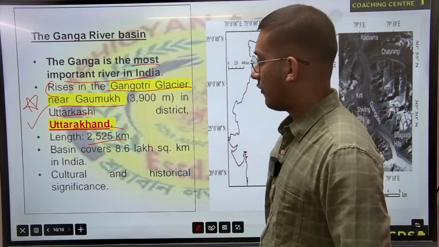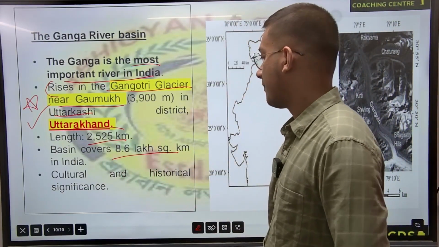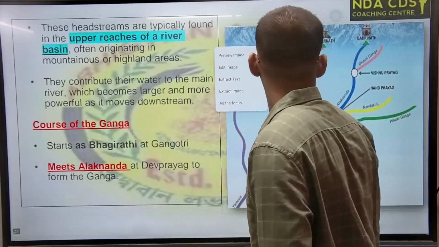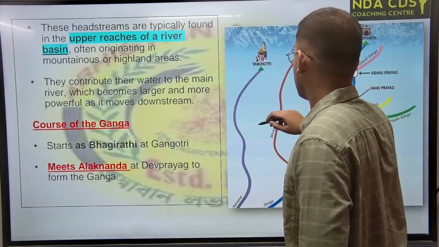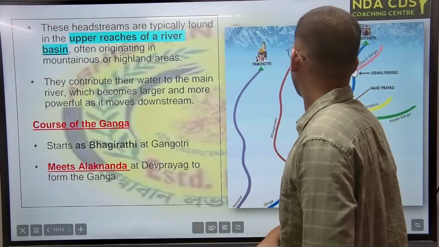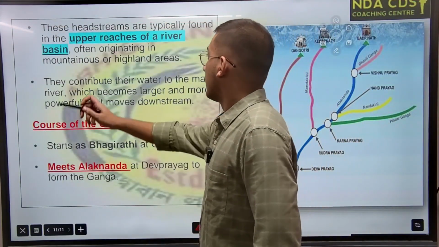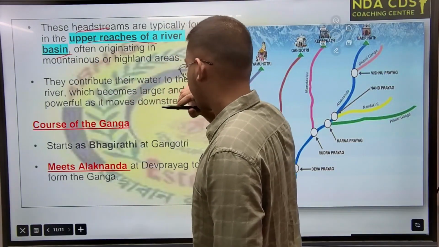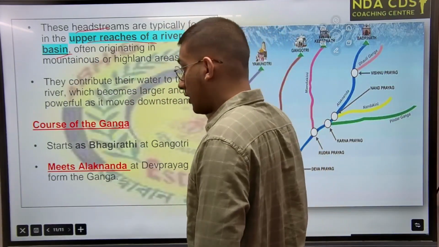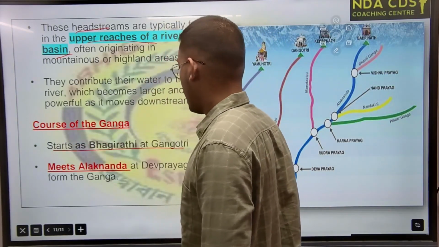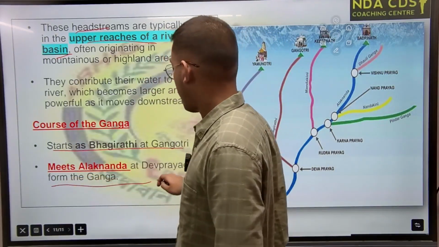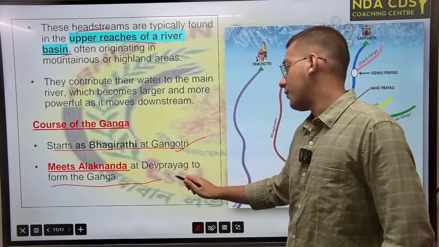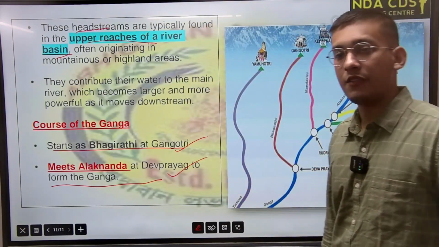It covers a total area of 8.6 lakh square kilometers. The head streams are found in the upper reaches of a river basin. The course of the Ganga starts as Bhagirathi at Gangotri and meets Alakananda at Devprayag and forms the Ganga. As I said before, it starts as Bhagirathi and from Devprayag it is known as the Ganga river system.